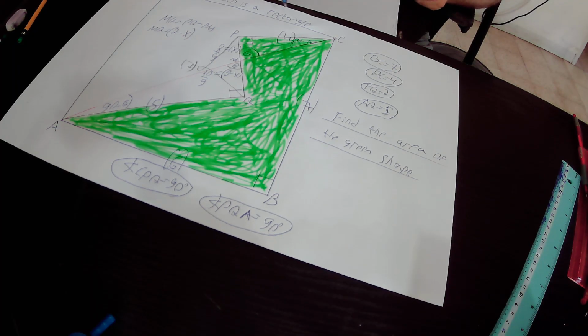But the problem is that the area of the big right triangle ABC consists of this white triangle AMQ, and we are interested only in the green area. So we have to subtract from the area of triangle ABC the area of this right triangle AMQ.